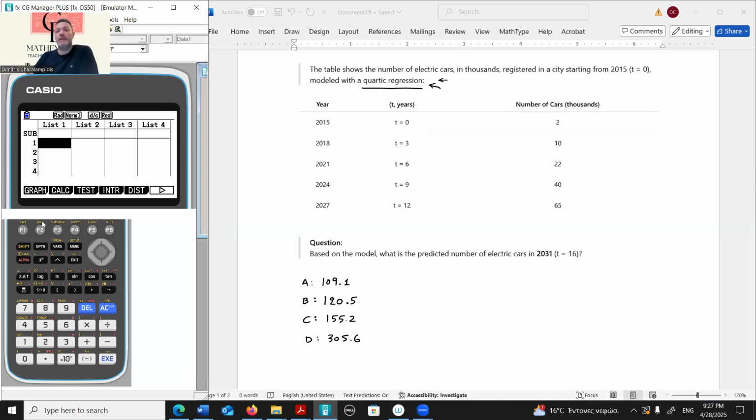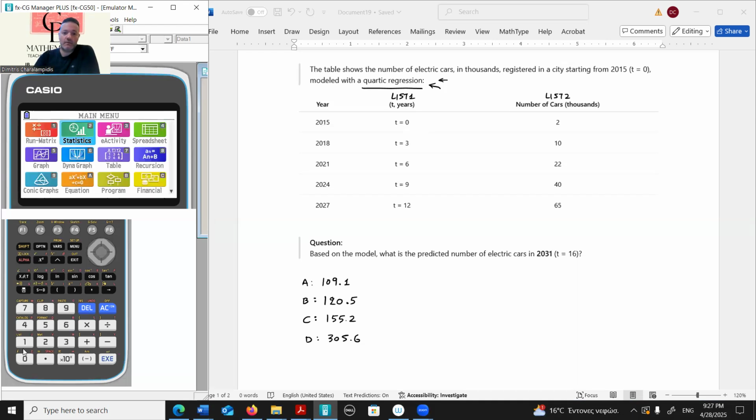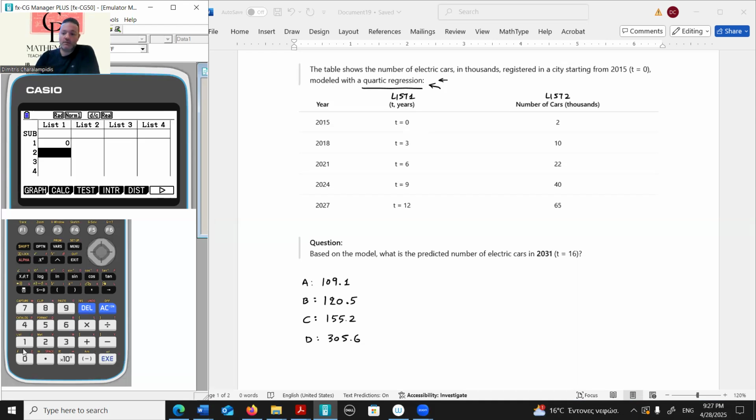And I will need to plug in these in list 1 and these numbers in list 2. So 0, 3, 6, 9, and 12. And then 2, 10, 22, 40, and 65.